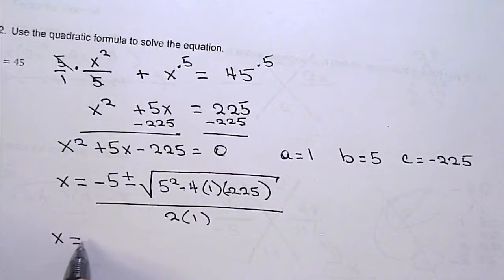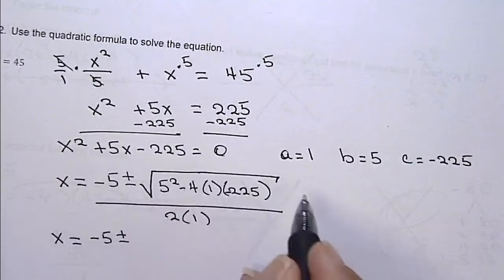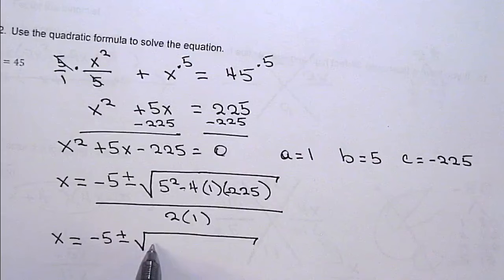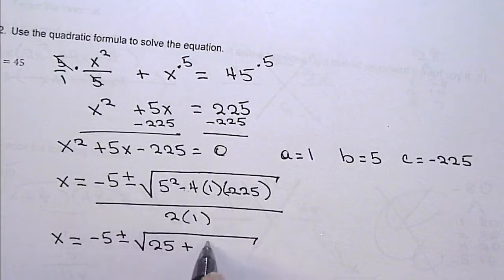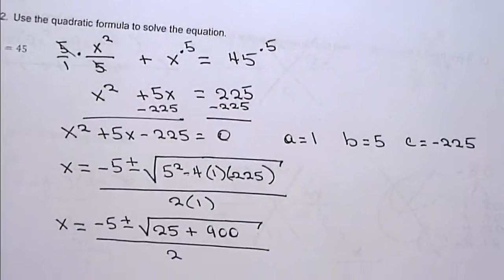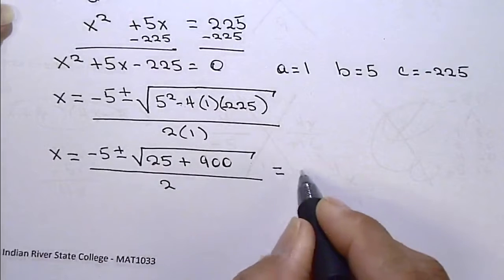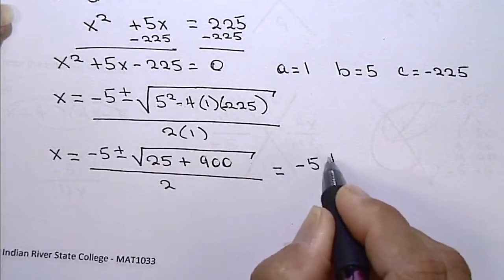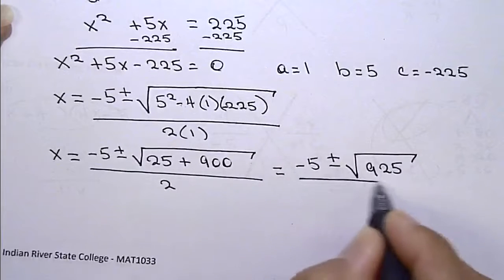So what am I going to have? x is equal to negative 5 plus or minus the square root of 25 plus, because it's negative times negative here, 225 times 4, which is 900. Are you getting the same numbers I am? I'm kind of going back to my notes from last night, and it was late when I did this. Okay, simplify it again. This is equal to negative 5 plus or minus the square root of 925 all over 2.